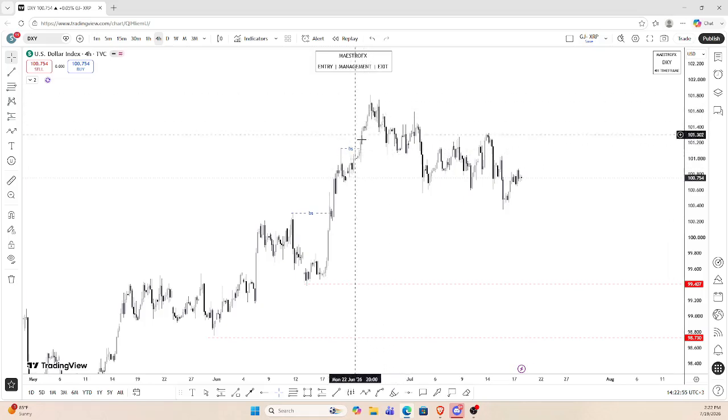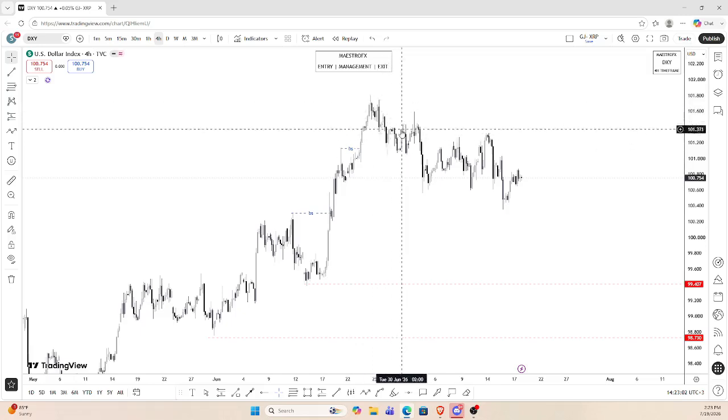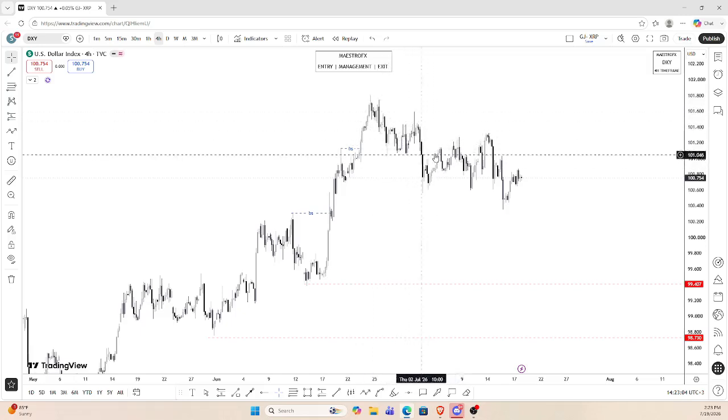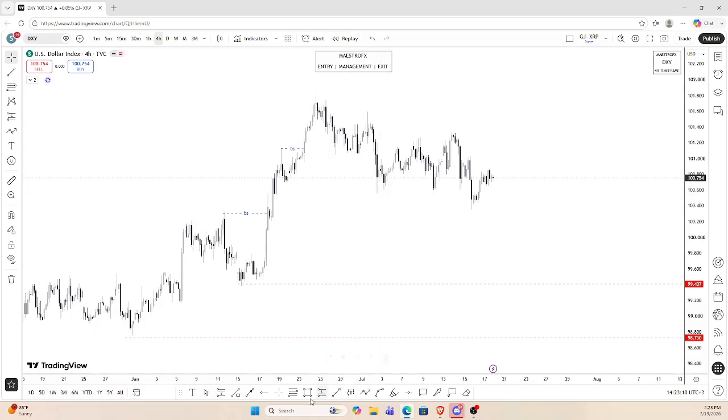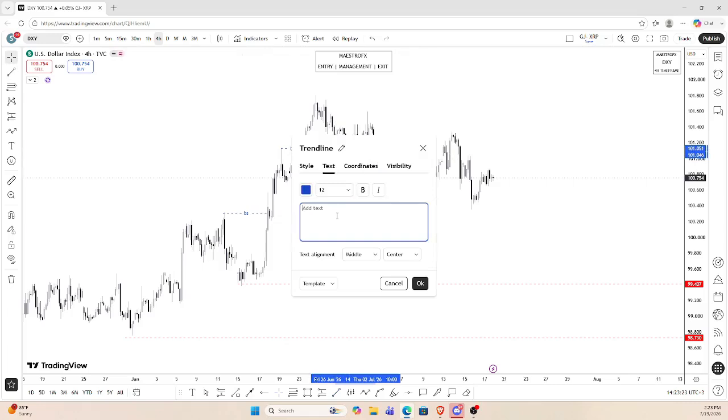But ever since we printed this high, you can see that all the internal price action has shifted bearish. Let's put some labels here for us to clearly understand what I mean when I say internal structure has shifted.